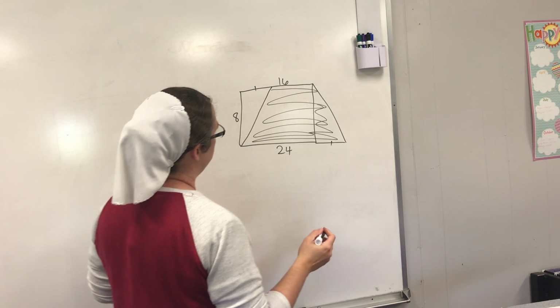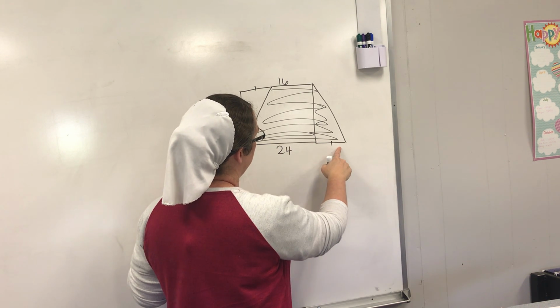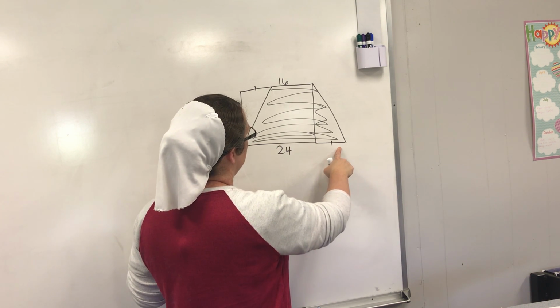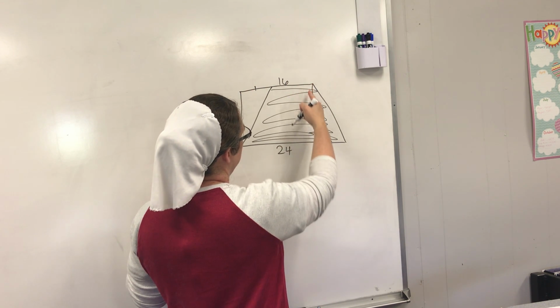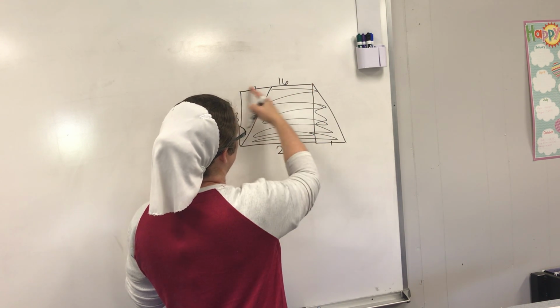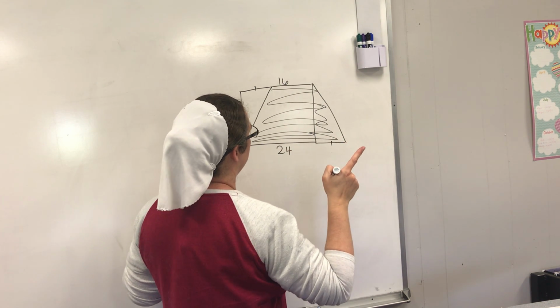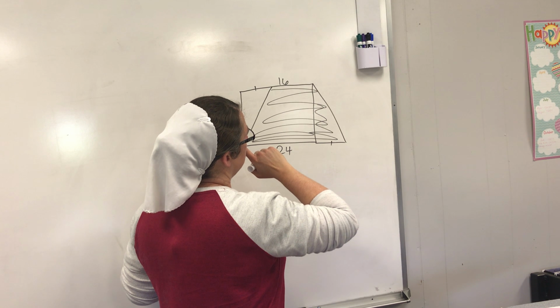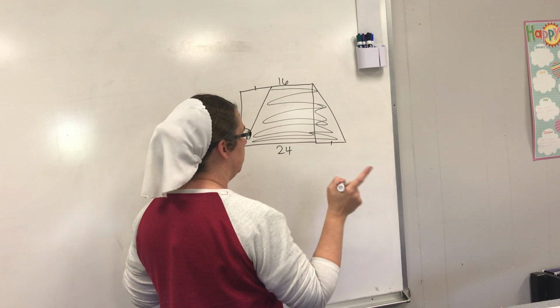So, you're going to have to know this whole line is 24. If it's only shaded, well, when you come to find the area of this box, no, I'm sorry, you don't find the area of the box. You can do a trapezoid.